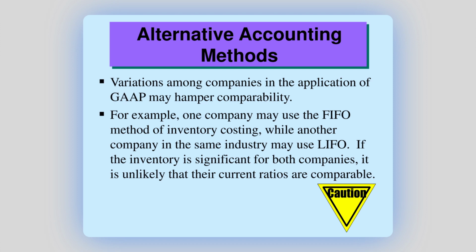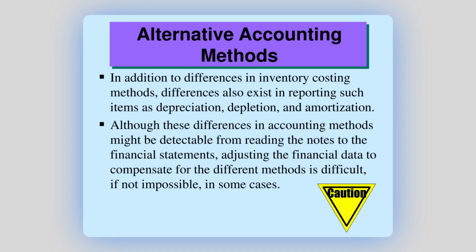So, ibig sabihin, we need also to adapt, because of the data, iba-iba yung ating ratios. Anyway, alternative also, very important here, is about alternative methods.